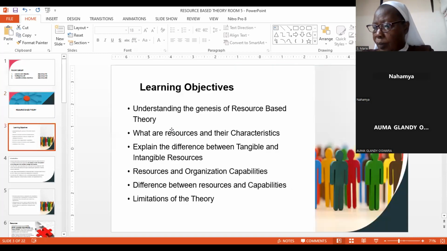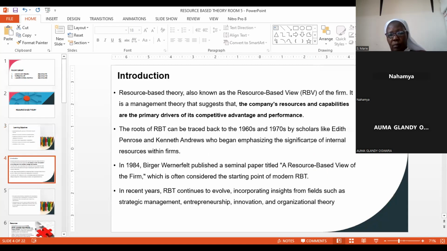Okay, those are our learning objectives: understanding the genesis of resource-based theory, resources and their characteristics, explaining the difference between tangible and intangible resources, and organizational capabilities, differences between resources and capability, and then limitations of the theory. Basically, the resource-based theory is also known as the resource-based view of the firm.